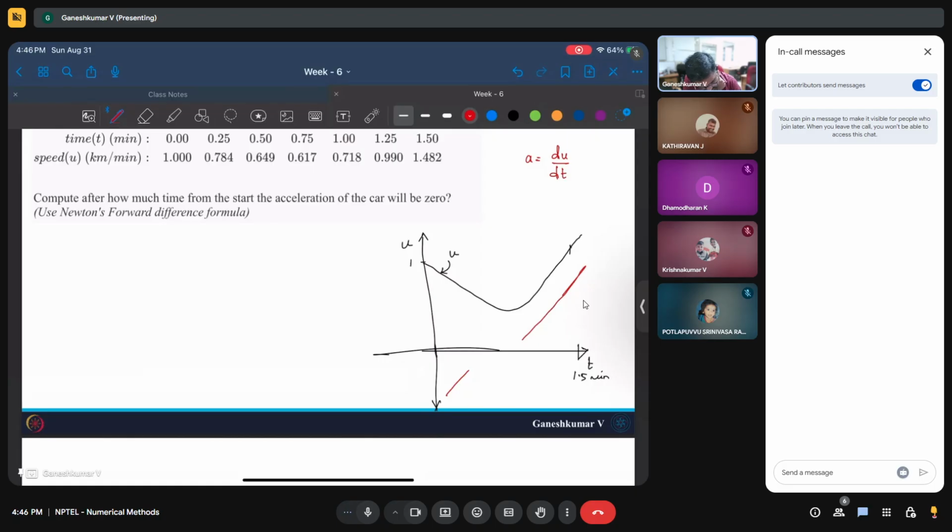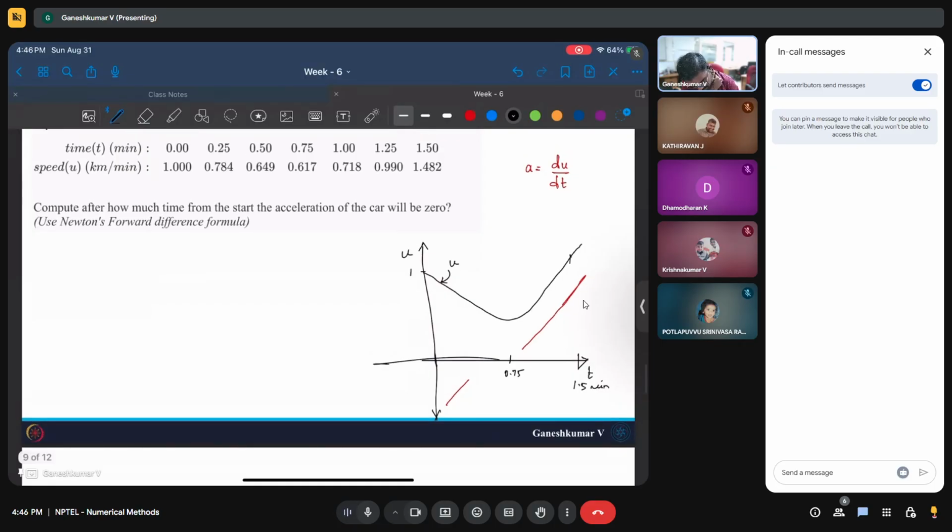Let's mark this as 0.75. From 0.75 you keep on increasing, and till 0.5 it keeps on decreasing. So the acceleration is going to be something like this.